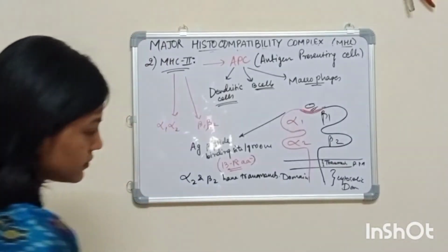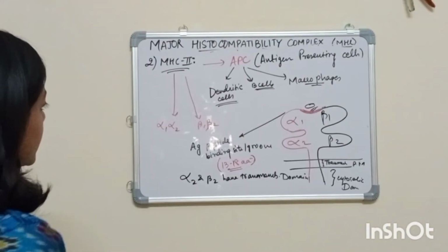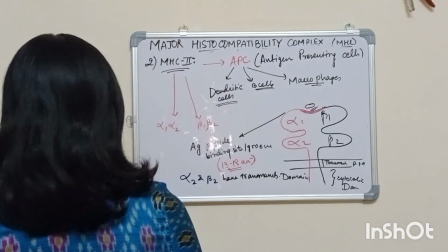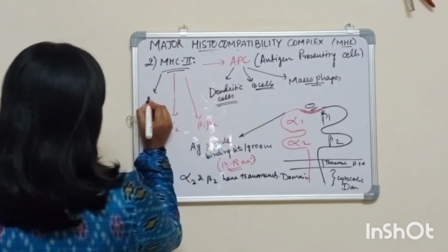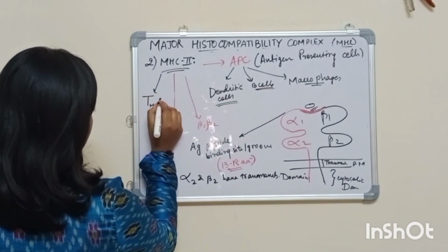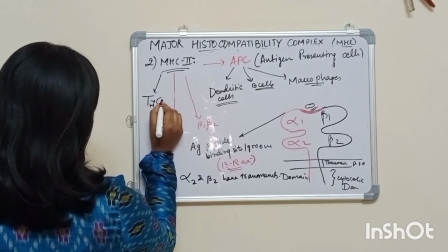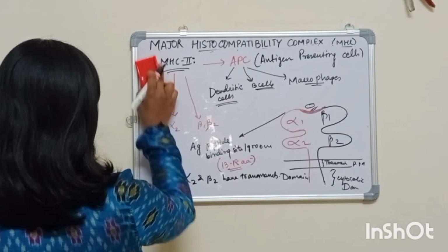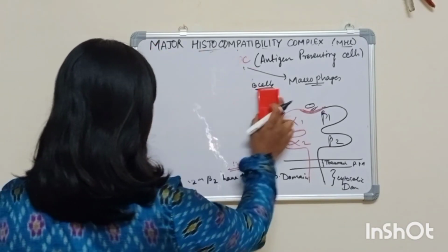Alpha and beta are bonded non-covalently. MHC2 presents antigen to TH cells which have a co-receptor called CD4. So let's see how MHC2 presents the antigenic peptides.